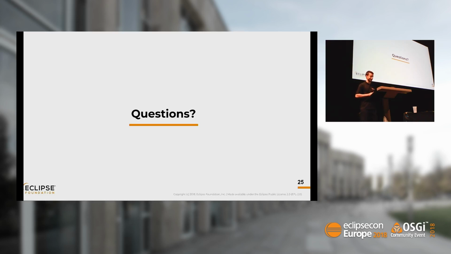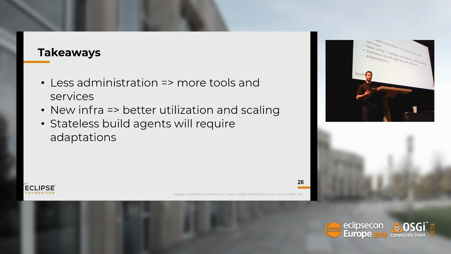Anyways, okay, just to sum it up, the takeaways from this talk: we want to do less administration, and we want to focus on providing more tools and more services to our community. In our new infrastructure, we hope to better utilize our existing hardware and provide more options for scaling, for adding new machines and more cloud-based resources.